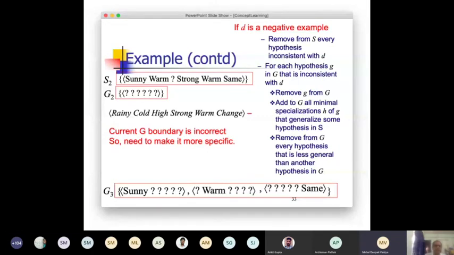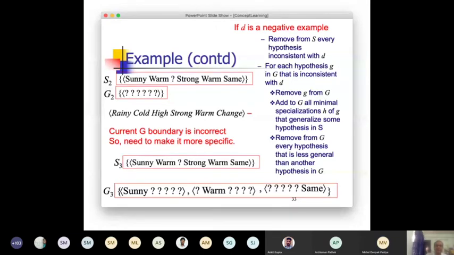What would be S3? S3 will remain the same. Is it clear now? Okay. Fine. So this is the state with respect to these three data points.